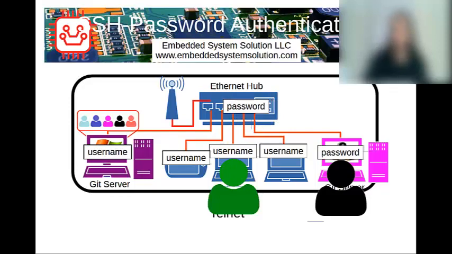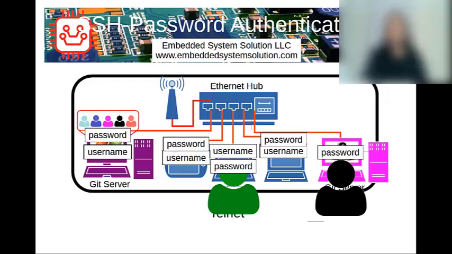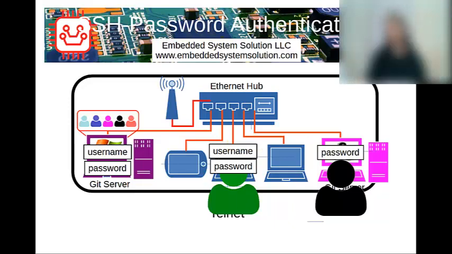Again, if we're talking about an Ethernet hub, then theoretically, because the hub repeats whatever it receives from any port to every single port, sort of like a broadcast message, Mr. Bad Guy now has the username and password. It doesn't really matter that these other two nodes got it because they're ignoring it, but this guy's the bad guy.